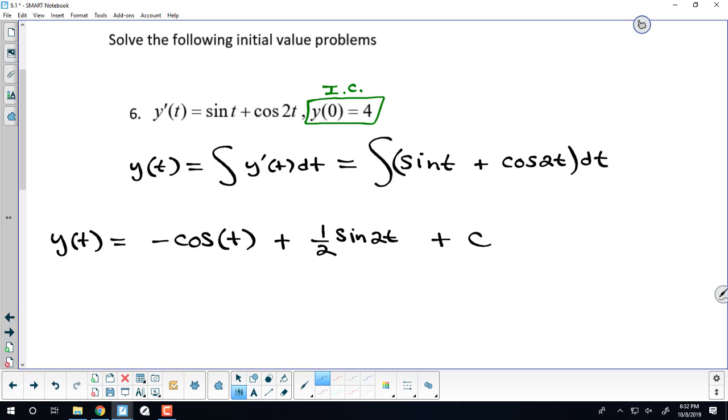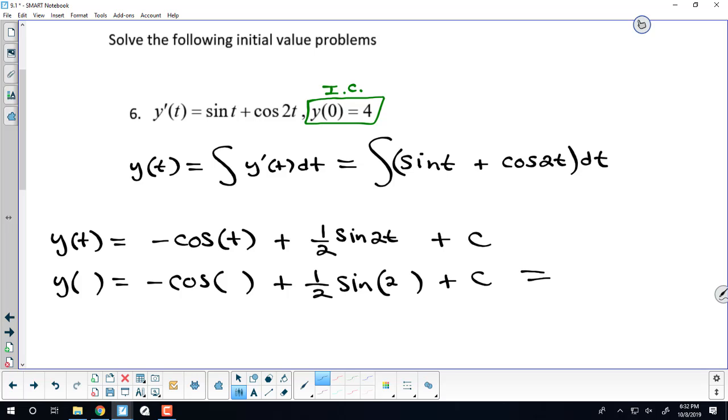So then we know the initial condition. T is 0, y is 4. Sorry, y of 0 rather, y of t equals 4. So plugging in 0 for our t gives us a value of 4.